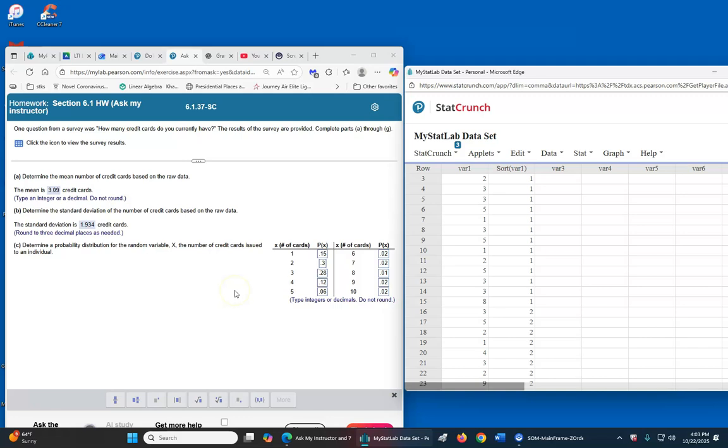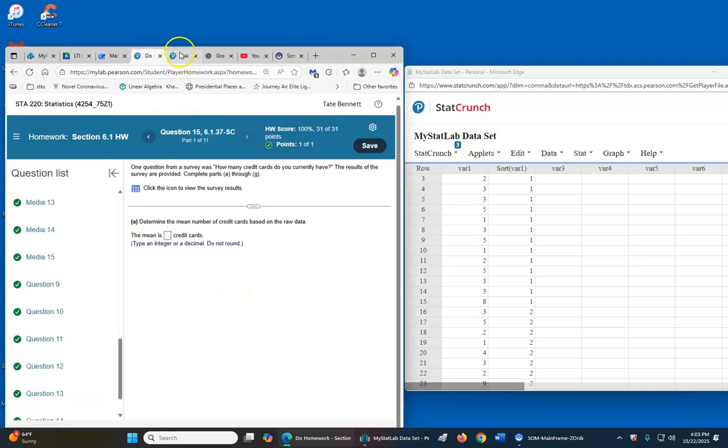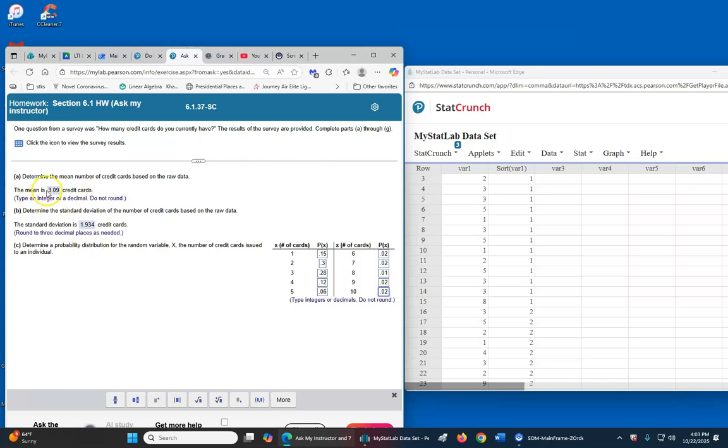So that'll help with that part. I think the next part asked you to redo the mean and the standard deviation using this table here. Well, you got to look at the graph first, and then they want you to redo these using the table. And I'd probably just use StatCrunch for those. I'd probably enter the 1, the 2, up to the number of credit cards.